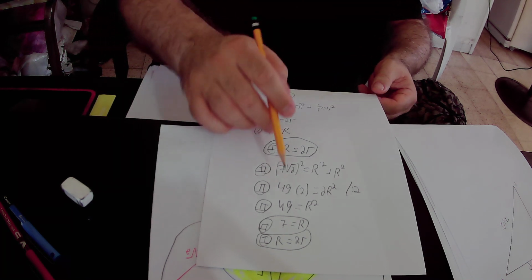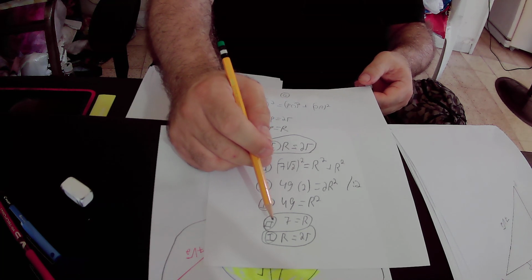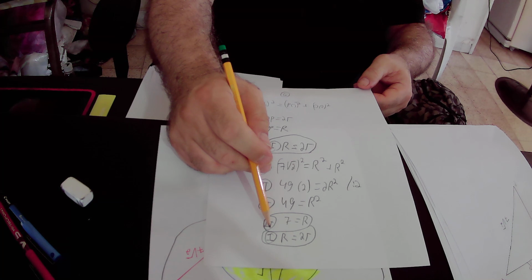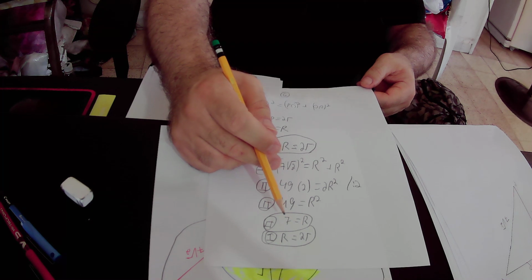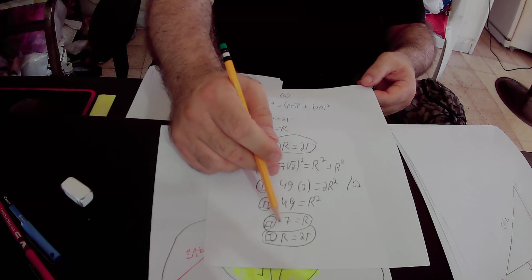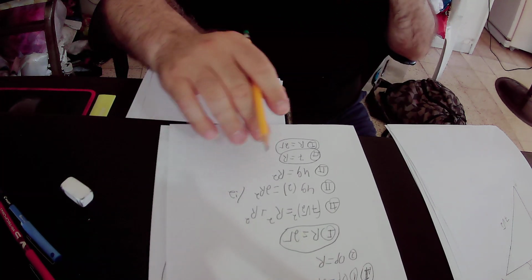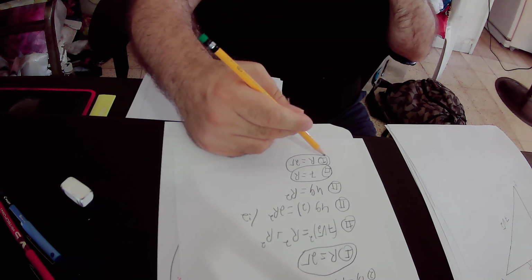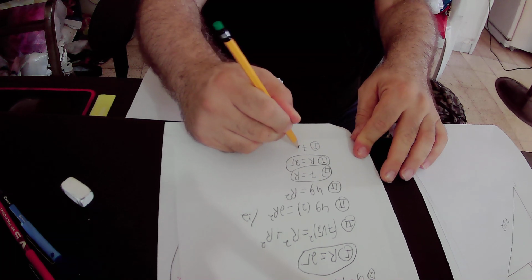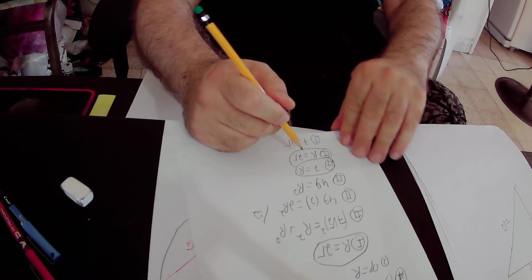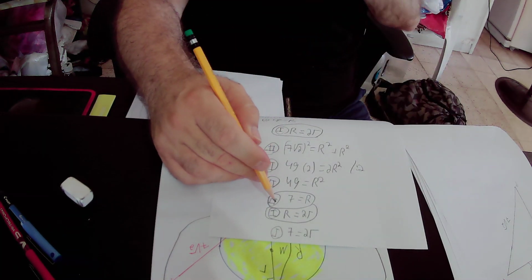So in equation 1, capital R equals 2 times small r, we can substitute capital R by 7, because capital R equals 7. Okay? So we substituted in equation number 1 capital R by 7.